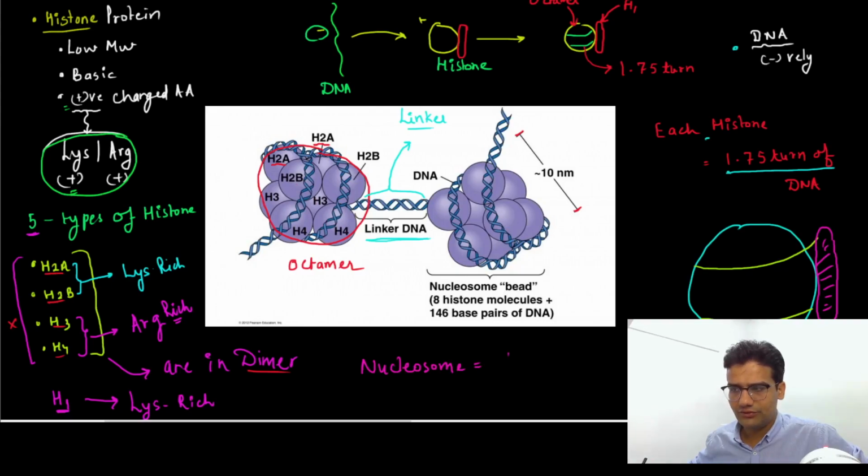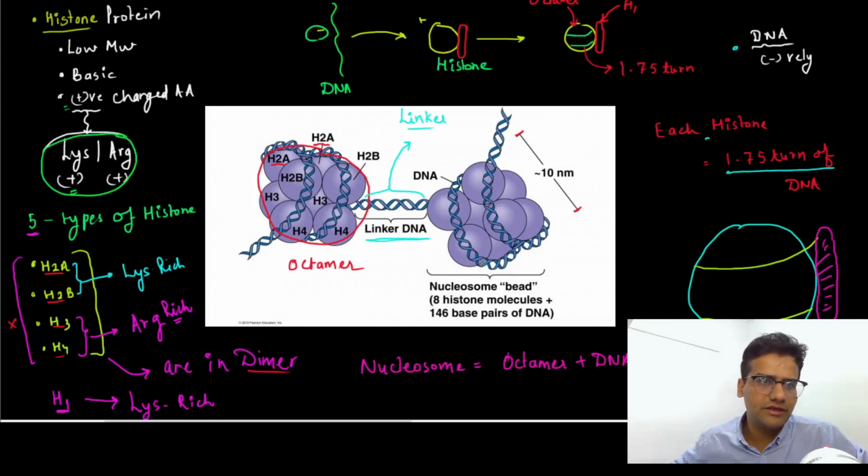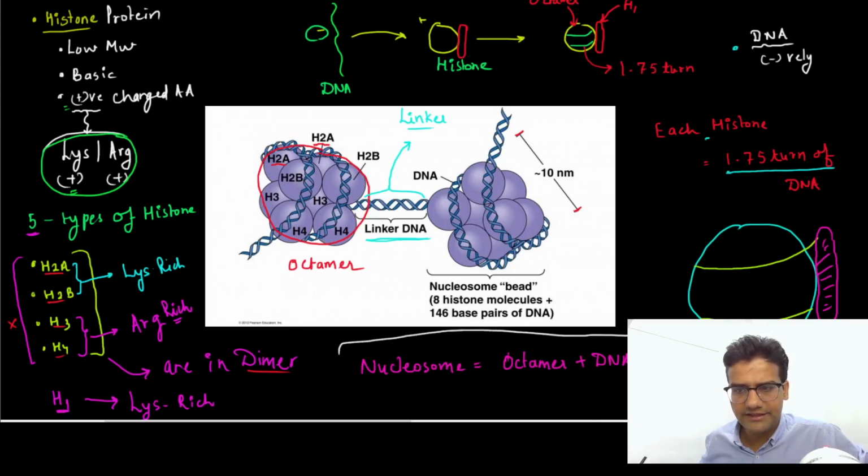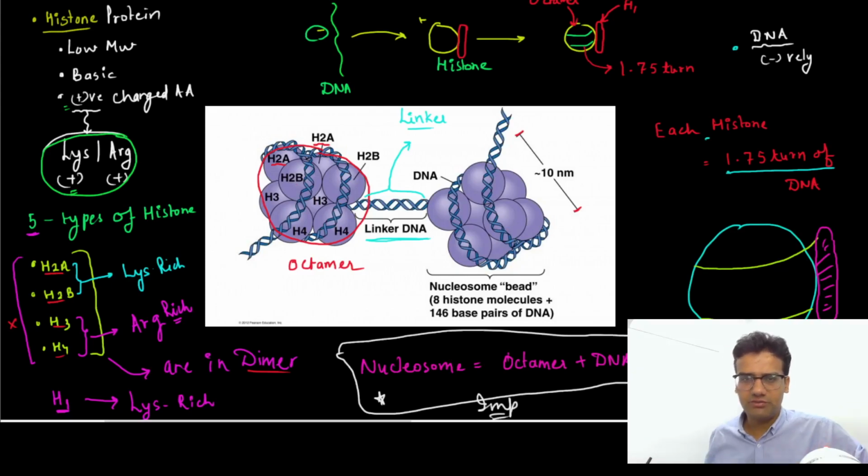So nucleosome is octamer plus DNA plus H1 histone protein, and this is very important for your examination, for your NEET examination. So nucleosome basically consists of an octamer, DNA and H1 histone protein. So this is the basic structure of histone protein.